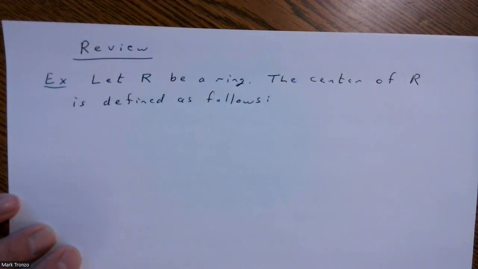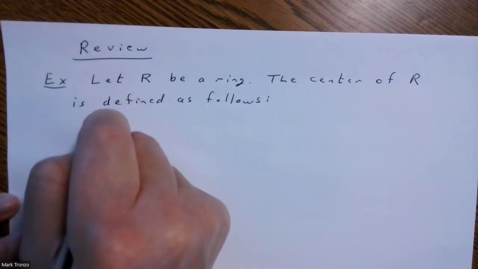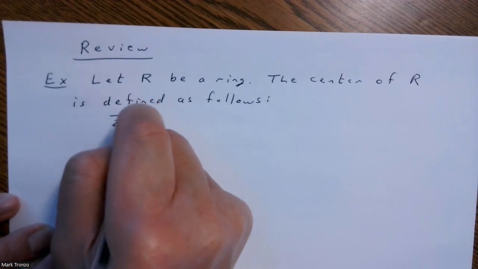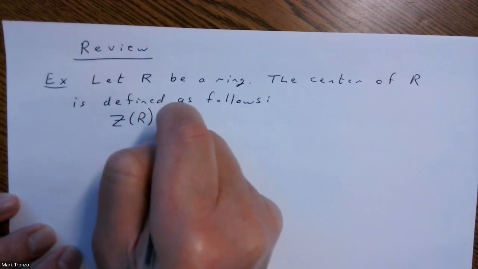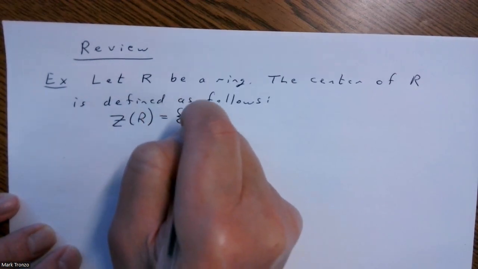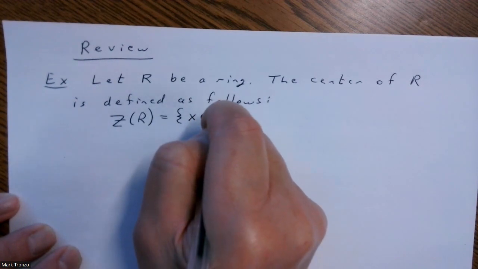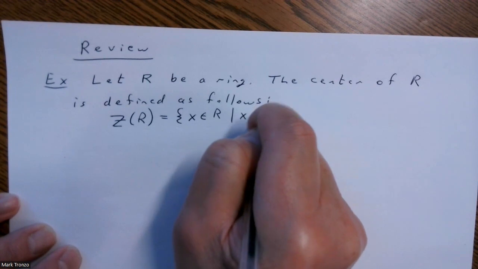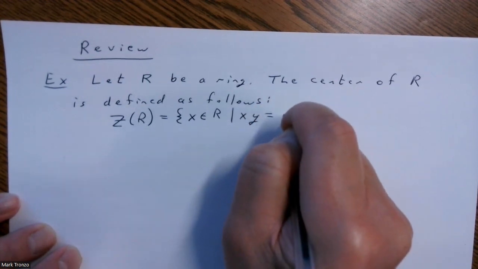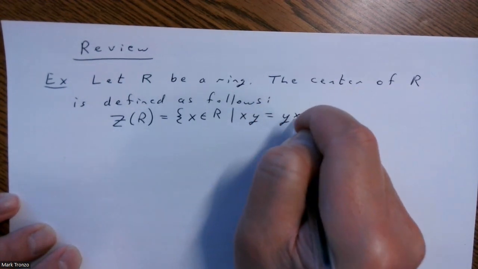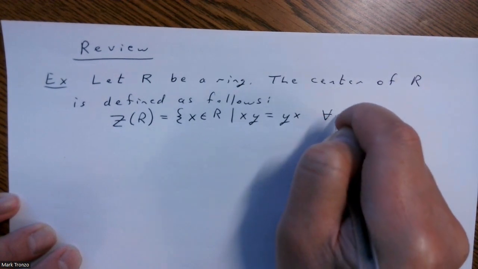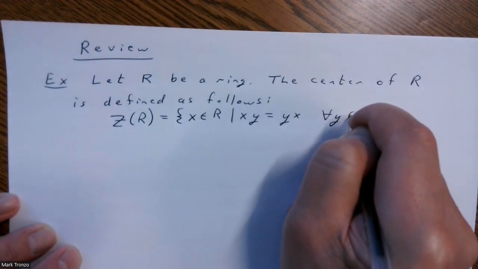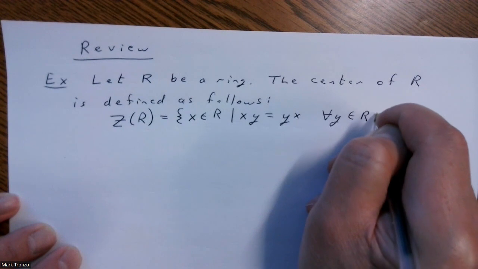We're just going to prove stuff with rings. Again, this is what's called the center of the ring. It's the set of x such that xy equals yx for all y in R.